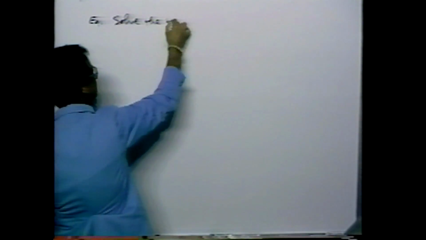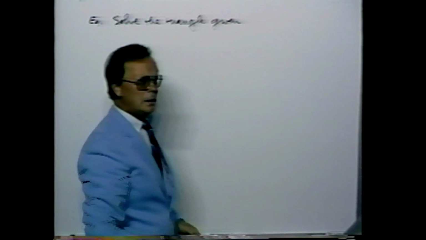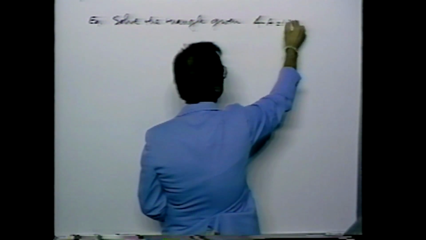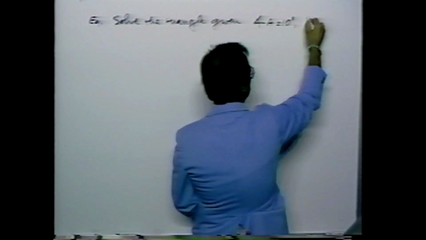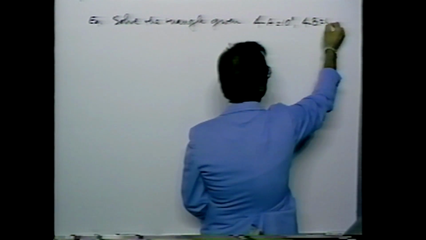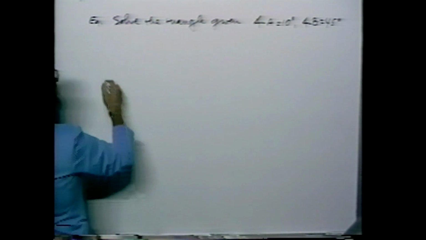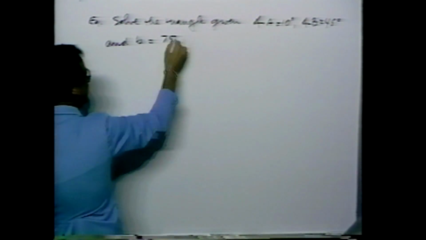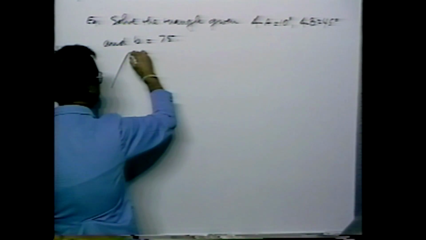In another example, solve the triangle given angle A equals 10 degrees, angle B is equal to 45 degrees, and the length B, the side, is 75 units. Draw a diagram of the problem first.